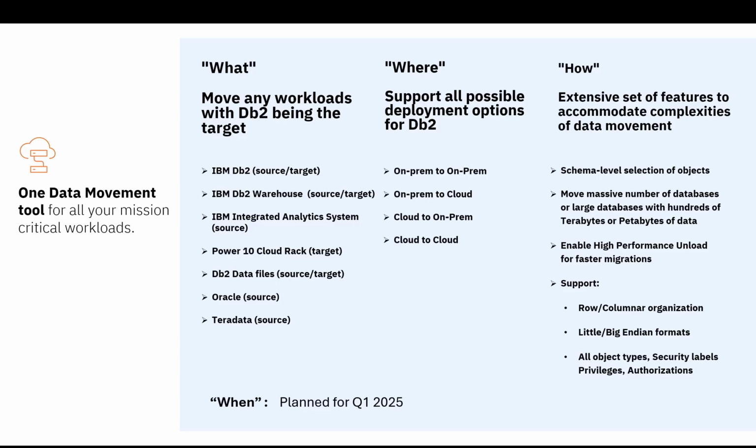One of the other tools that will come out very soon, in the first half of 2025, is a data movement tool to help with migrations, whether you're moving between different targets on premise or moving from on premise into the cloud.